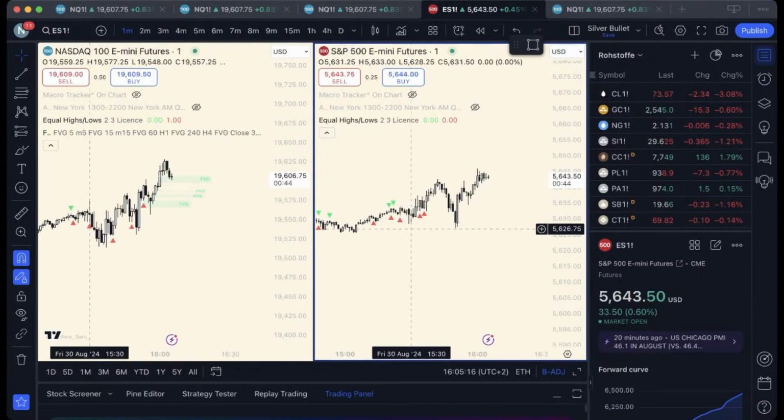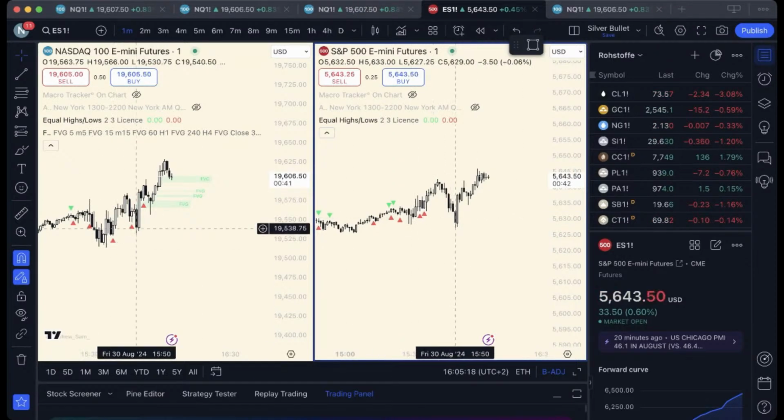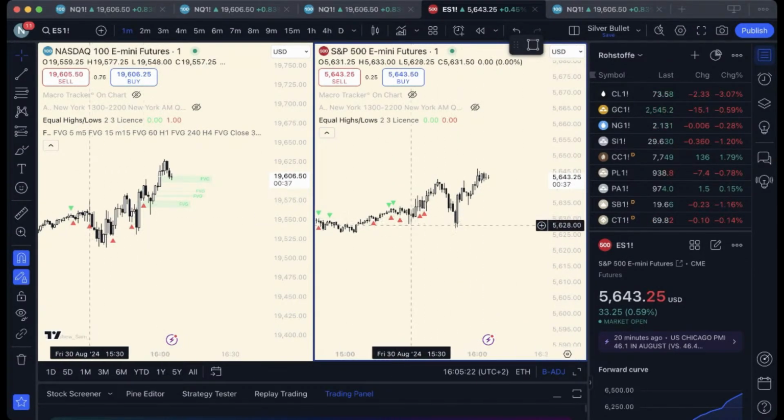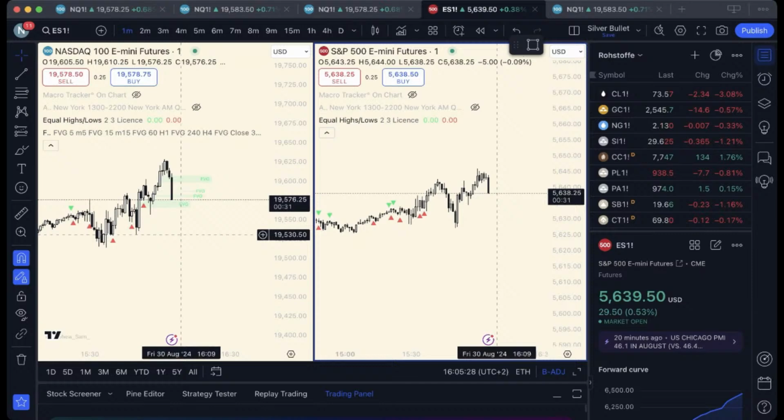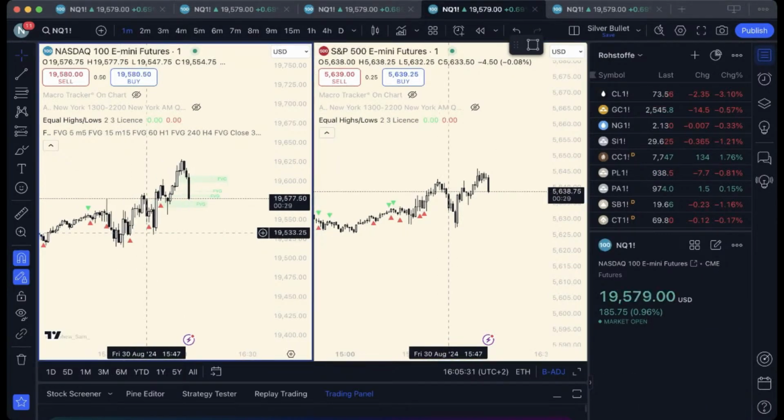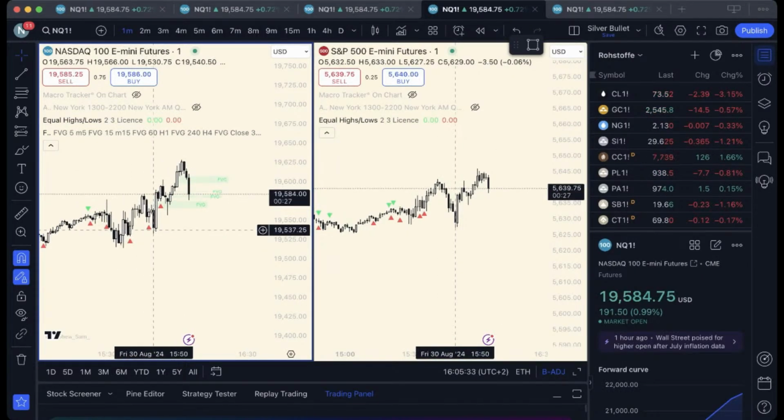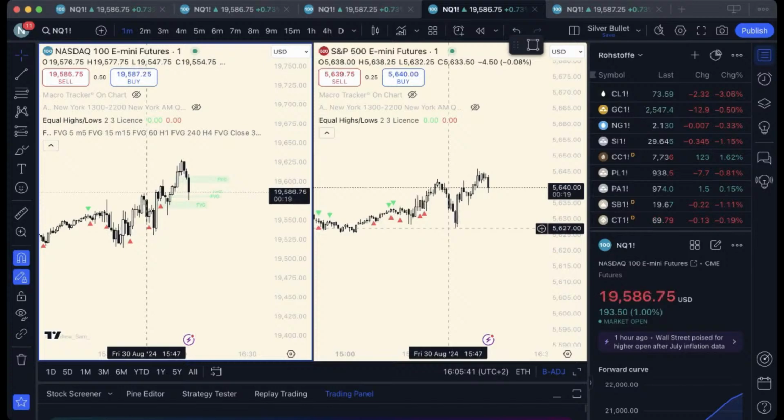Okay, there was also, when I entered, an SMT with ES. ES already smashed the internal low and NQ not, but yeah, you know it in hindsight, but when the trade happens, you don't know it.